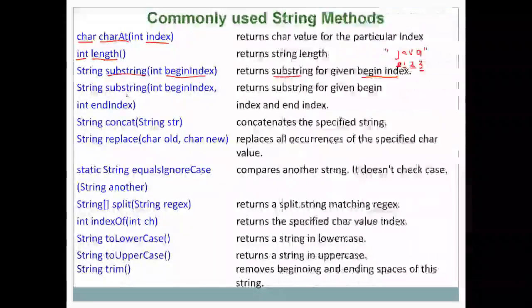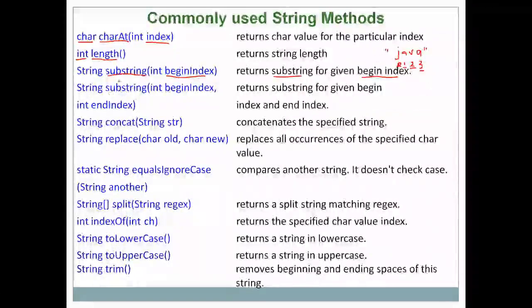Okay, we have a similar method here, one more method with the same name. As you know, methods with the same name is called method overloading. So we have an overloaded method in the String class, again the substring method, but the number of arguments is different here. In the earlier method it was taking only one argument.